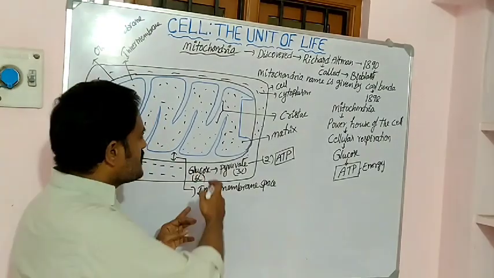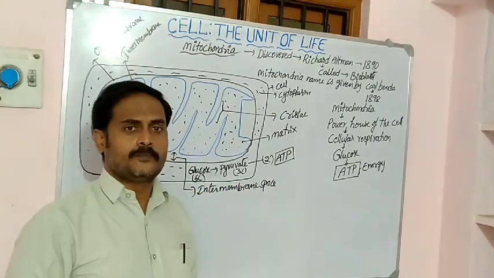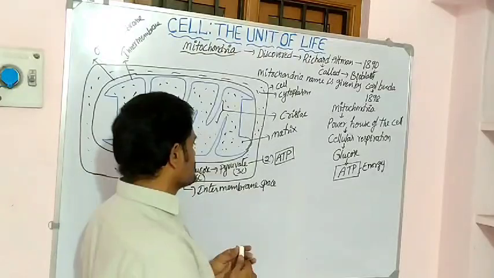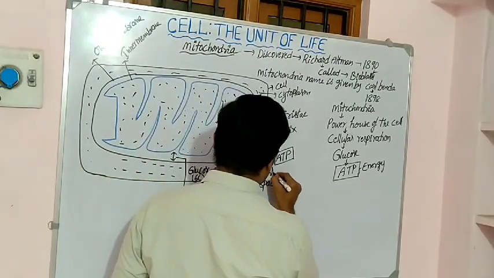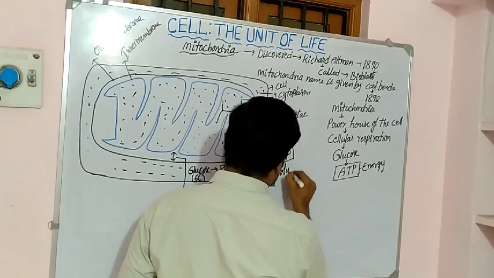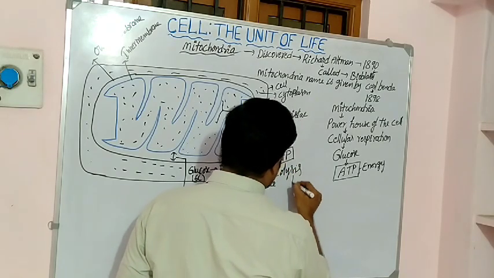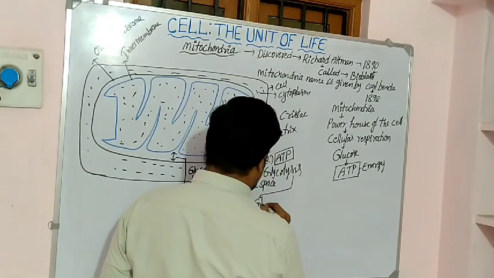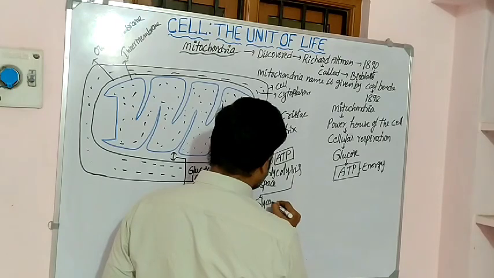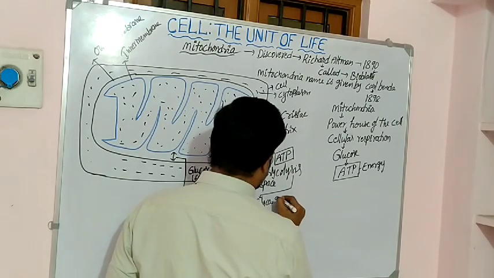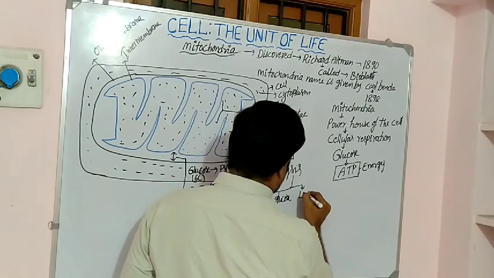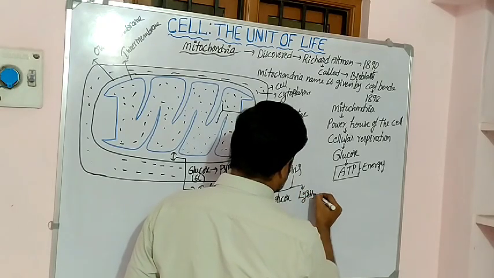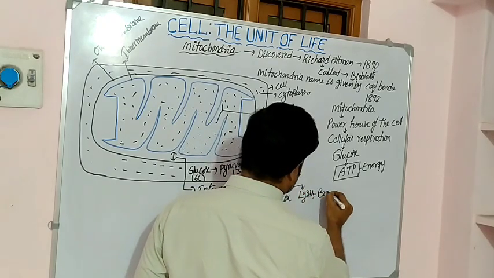Once the glucose is converted into pyruvate, this process is called glycolysis. Glycolysis means glyco means carbohydrate or glucose, and lysis means breakdown.